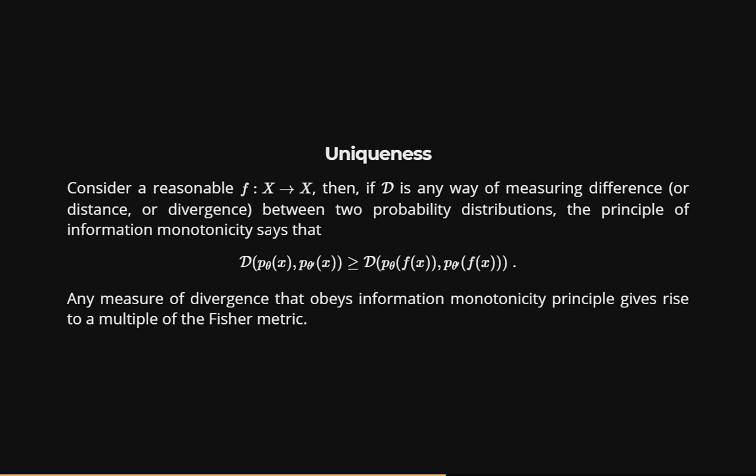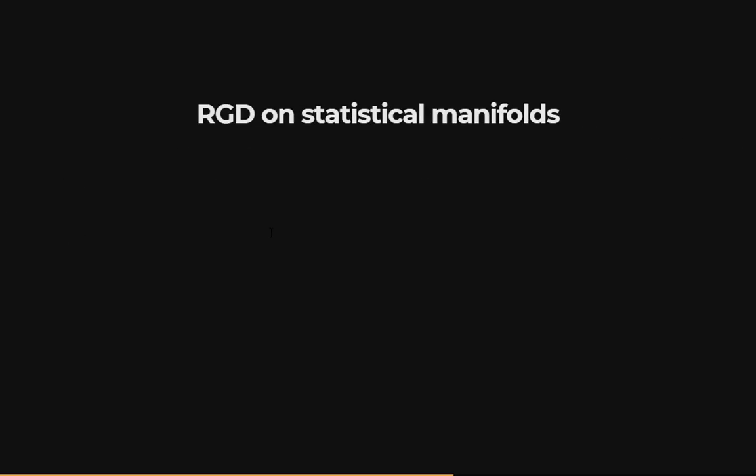That is why the Fisher metric is usually put on statistical manifolds. So a statistical manifold is a manifold of probability distributions with the Fisher metric, actually.